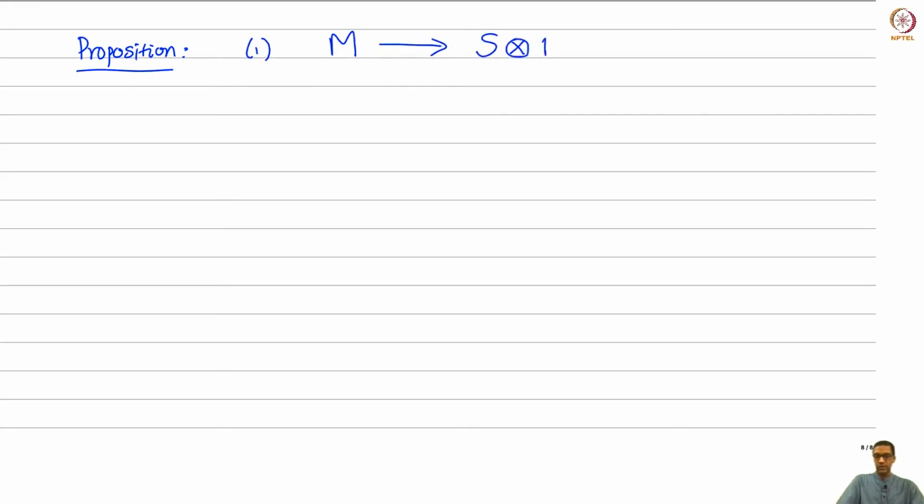Number one, there is a natural map from M to this new module. Remember, there is a multiplicative identity in my ring S, so I can map each element m of M to 1 tensor m, that particular element of S tensor M. Observe this map. Now the point is that this map is an R linear map.